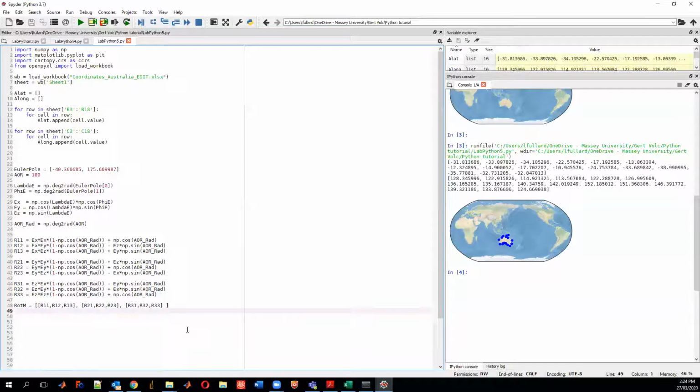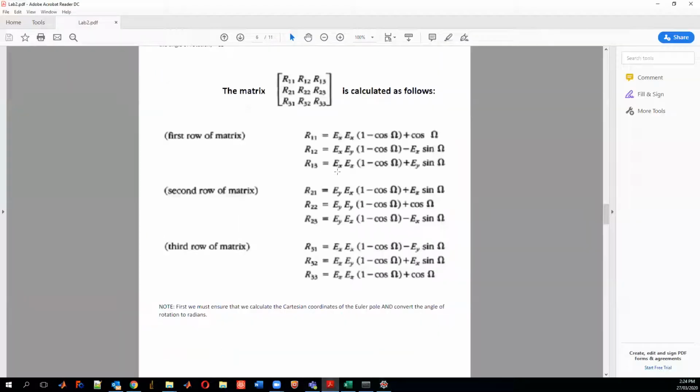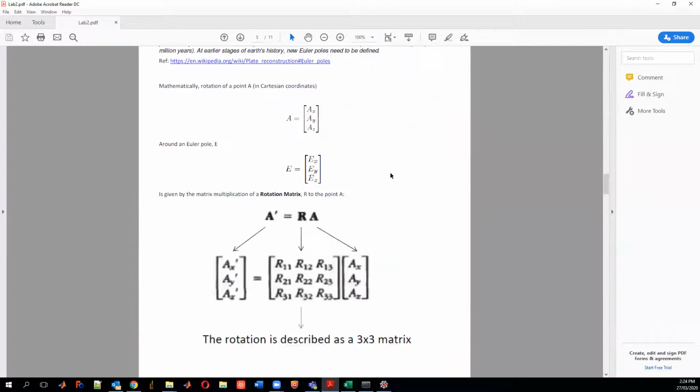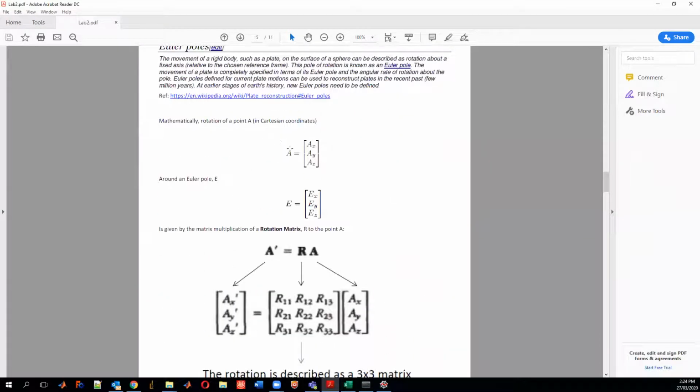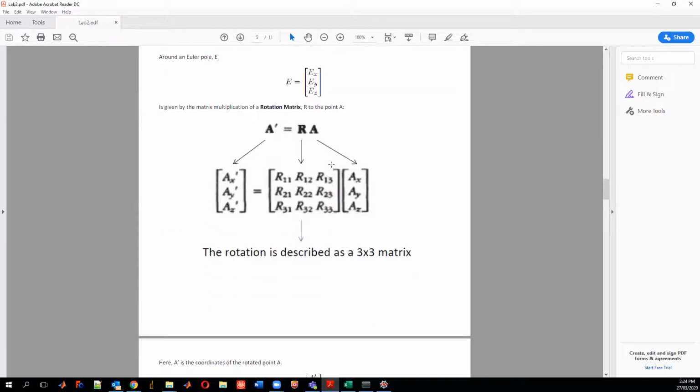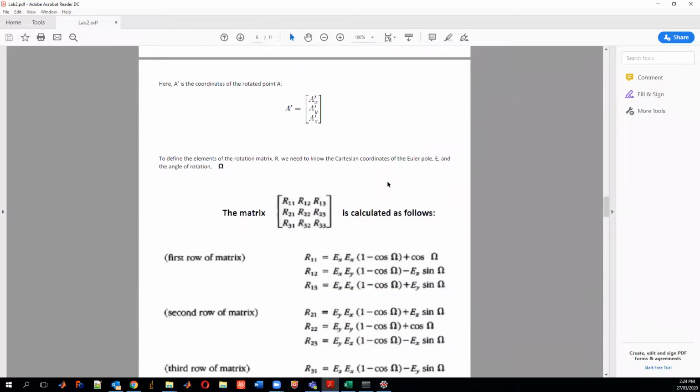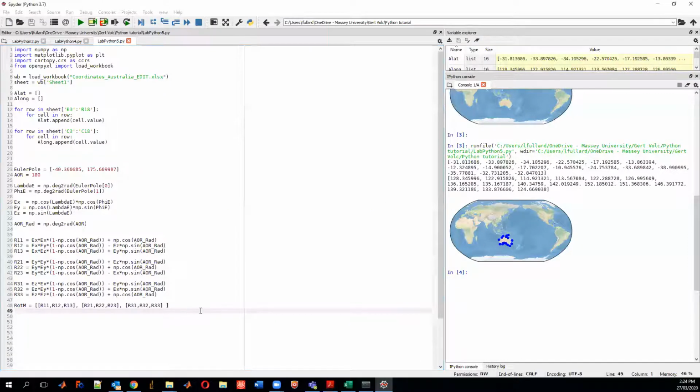Now all I have to do is multiply every point. I have to convert every point to a Cartesian coordinate and then multiply that rotation matrix by this vector, this Cartesian point vector. Okay, so I'm going to iterate over the points.